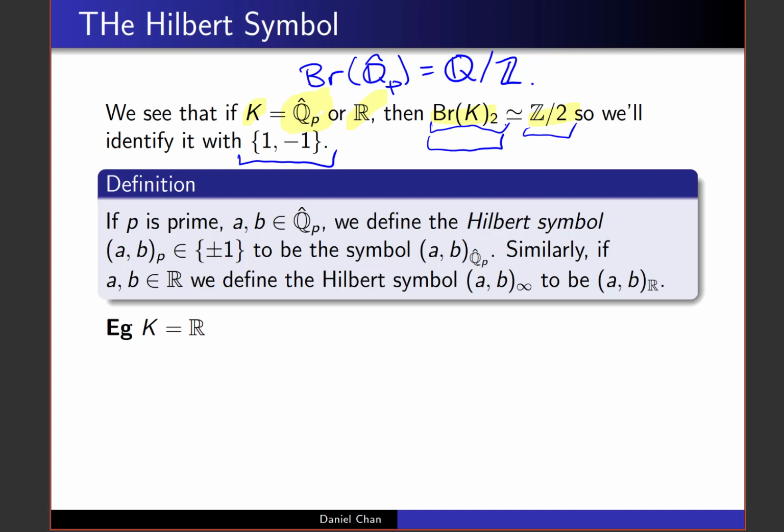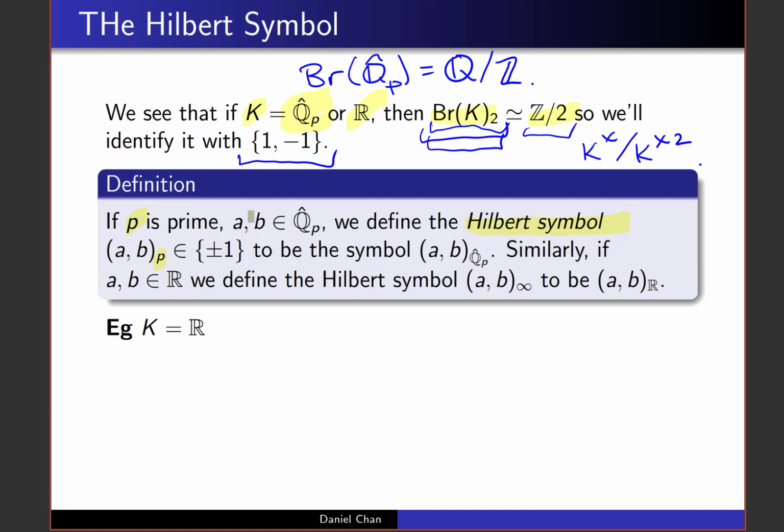Remember we had this symbol map, a symmetric bilinear form on k cross mod k cross squared to this 2-torsion in the Brauer group. Basically that is the Hilbert symbol. To be more precise, suppose you want the Hilbert symbol for a prime p.